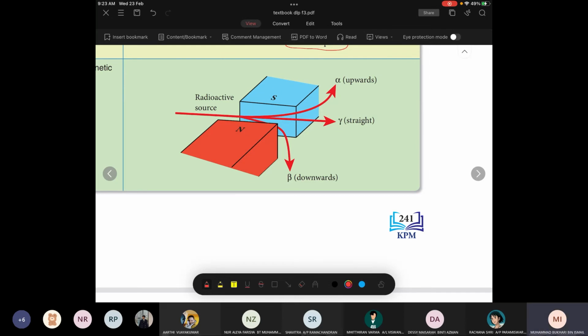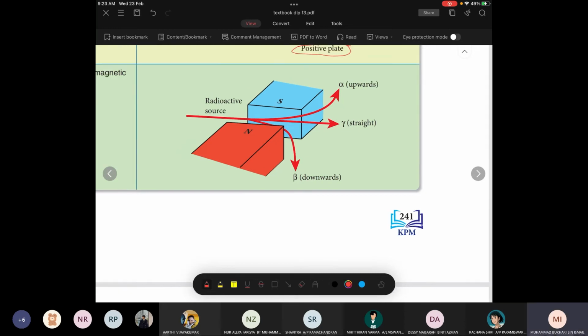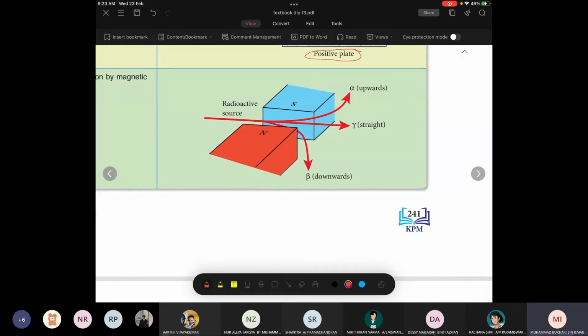So you just look at it, and for the moment you can just memorize that alpha is deflected like this. You can see in the diagram here. And gamma is still traveling in a straight line because it has no charge. Actually, in this case, it is not deflected. This is what we can understand from this diagram. It is not deflected by magnetic field. And you can see beta is deflected downwards like this.